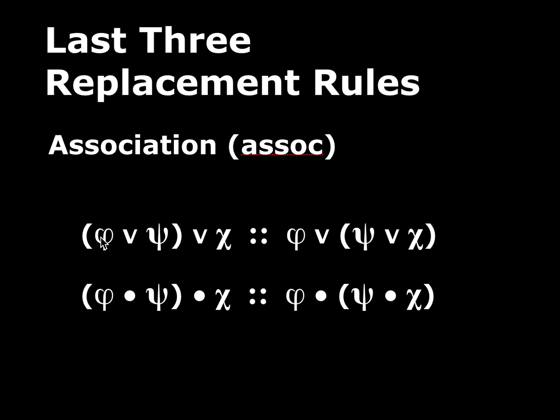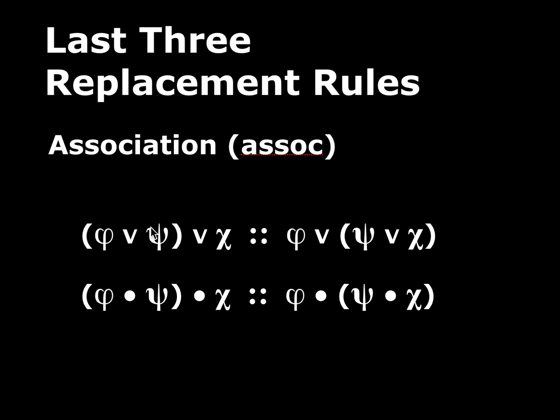grouped with the first, you can instead take this middle one and group it with the last. Okay? So instead of psi being the second disjunct of this disjunction, it becomes the first disjunct of this one. Or you can also just think of this as taking these parentheses and just sliding them over 2 characters. Right?